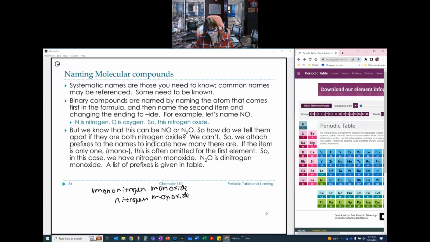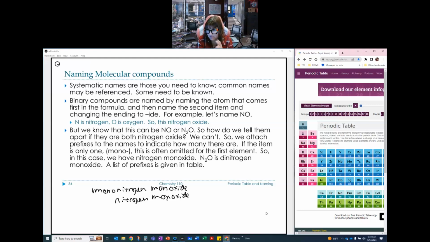Okay. And a list of prefixes is given in your handouts. So if you look on, where is it? I guess I didn't actually give the list of the prefixes. I could have sworn that I had.